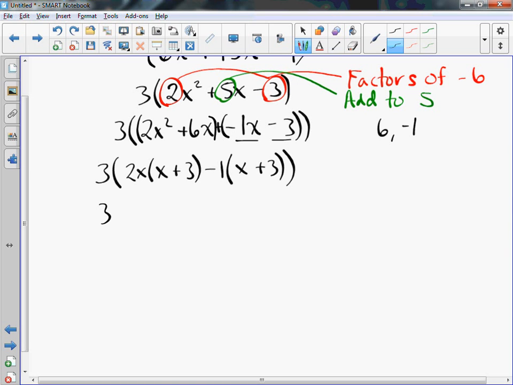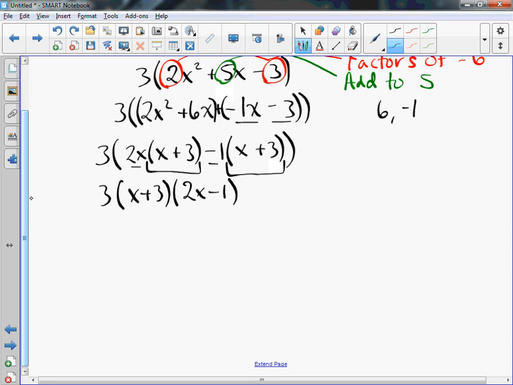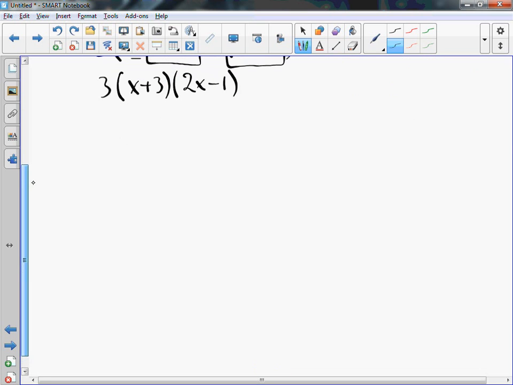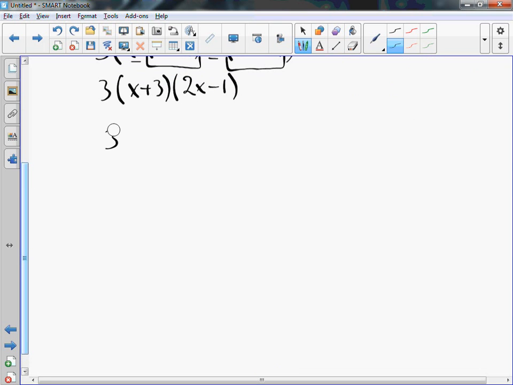Now, I can take x plus 3 out of both terms, and I'm left with 2x minus 1. So supposedly, I have found 2 binomials, and I found an extra constant in there, that when I multiply all 3 of them together, I get my original trinomial.